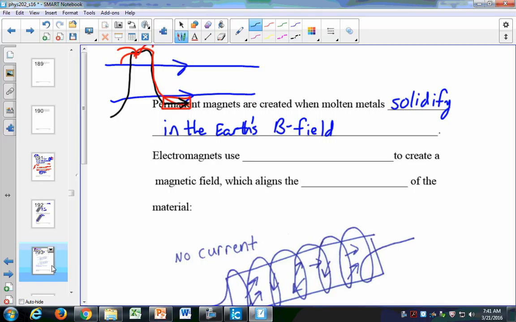You can do a similar thing in the lab. Or you can also use electromagnets. Electromagnets use an electrical current to create a magnetic field, and then that aligns the magnetic domains of the material.